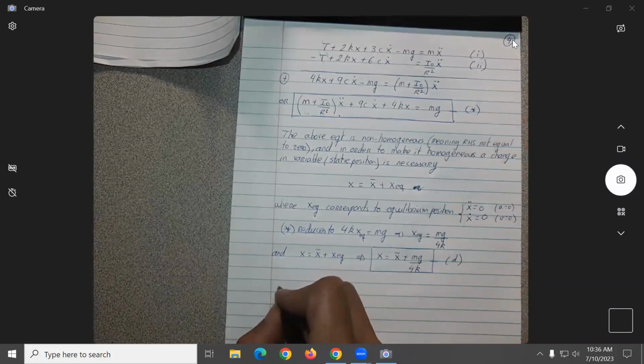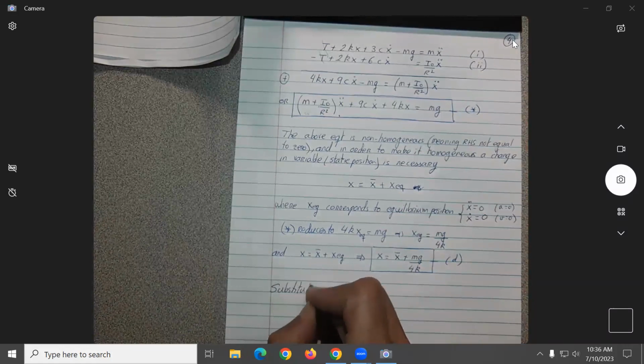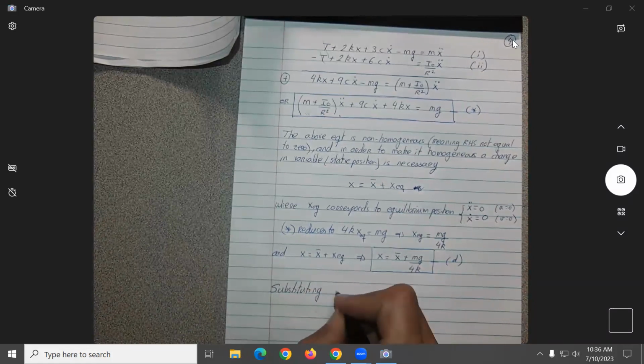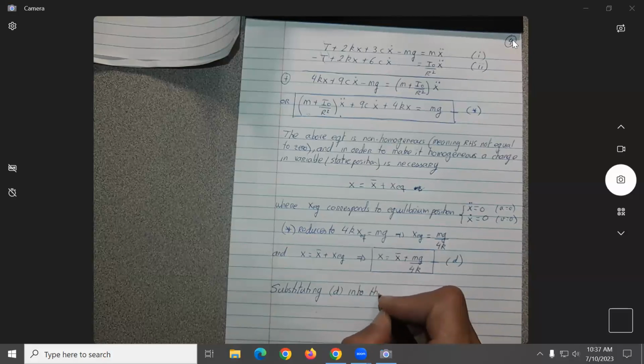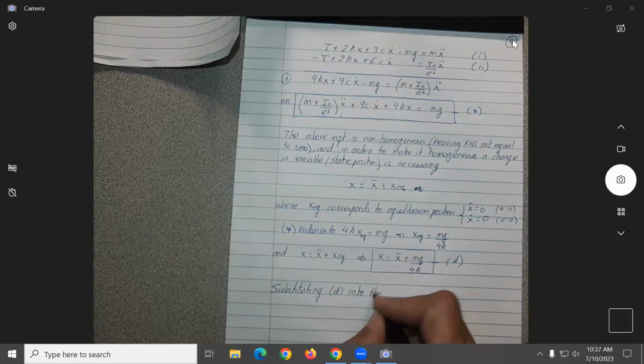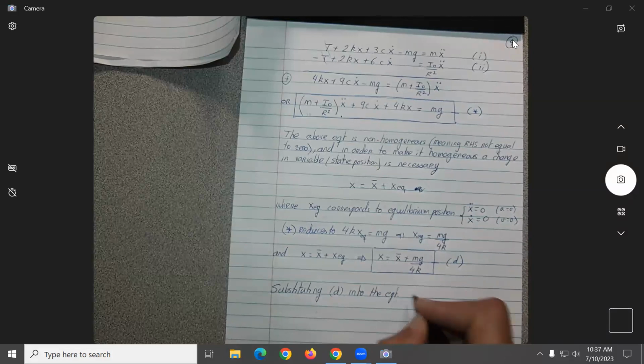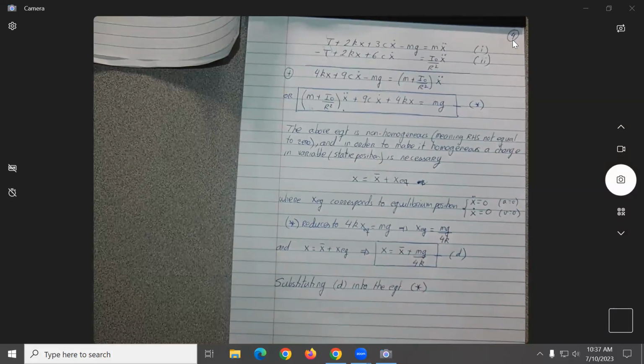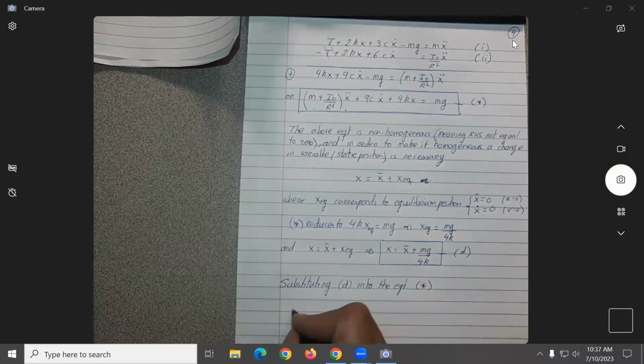So substituting this into the equation star, I should have put just star. What do we get? m plus I sub naught over r square.